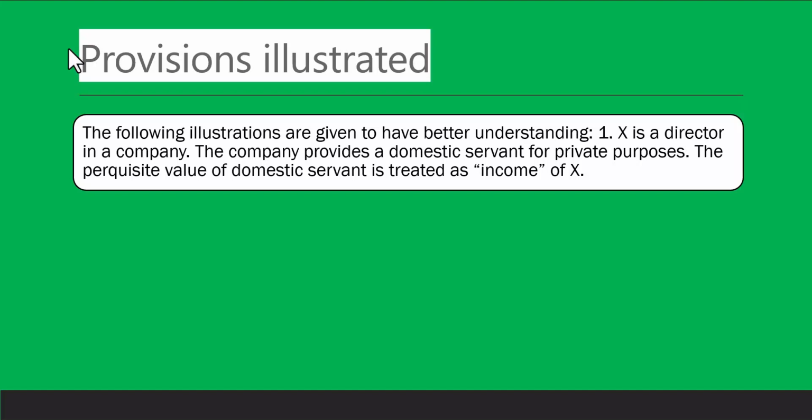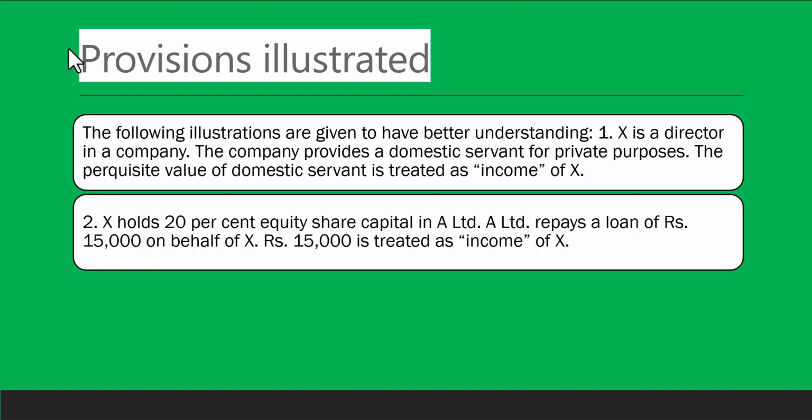So even if you are a director, if the company provides you a servant and pays the salary of that servant, it will be treated as the income of the director X. Okay. X holds 20% equity share capital in A Limited.